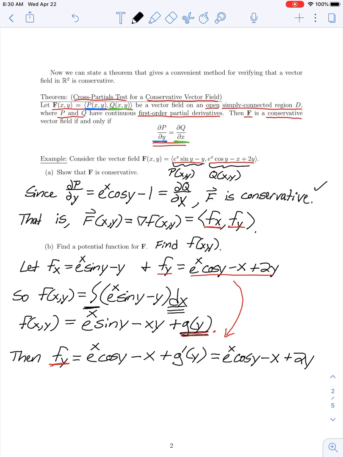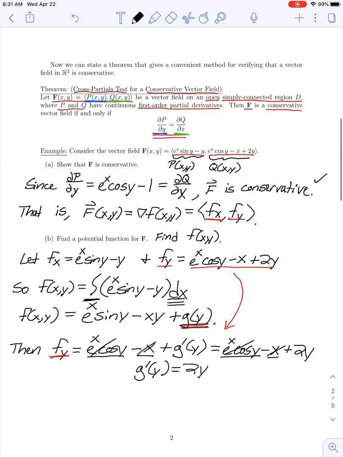And so to solve for g, well, let's see what we can cancel here. On both sides of this equation, we have an e to the x cosine y, so those terms will cancel. We have a negative x, so those terms cancel. And we're left with g prime of y is equal to 2y.